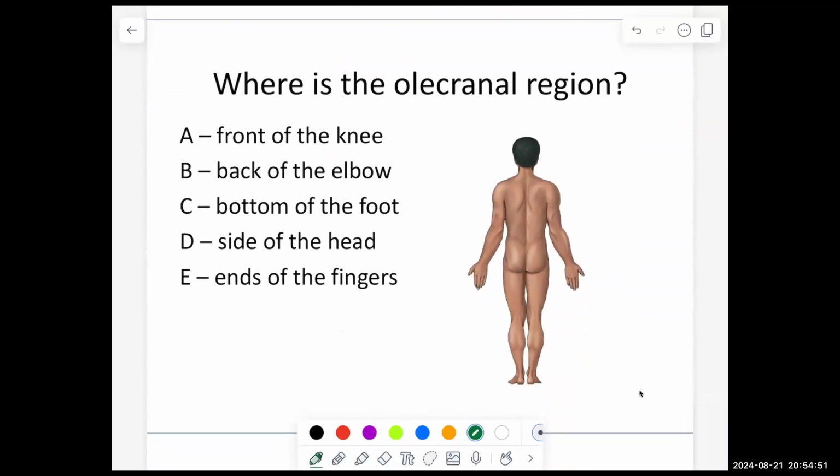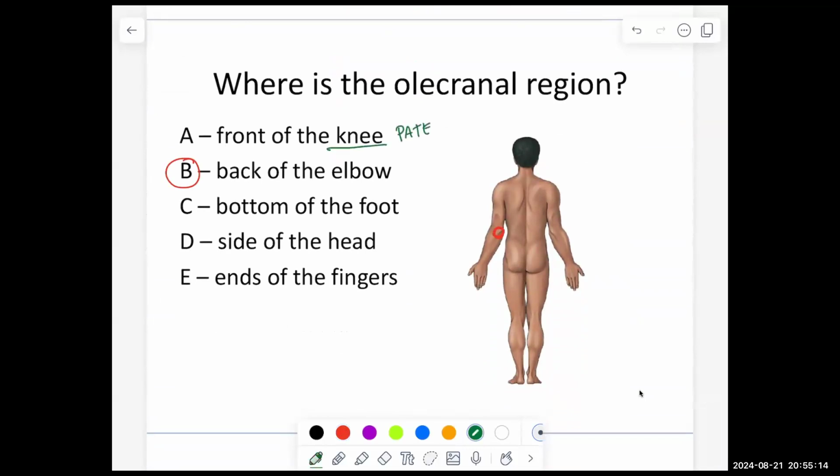Where is the olecranal region? It is like that region, the back of the elbow, the pointy part of your elbow, not the front. What is the front of the knee called?